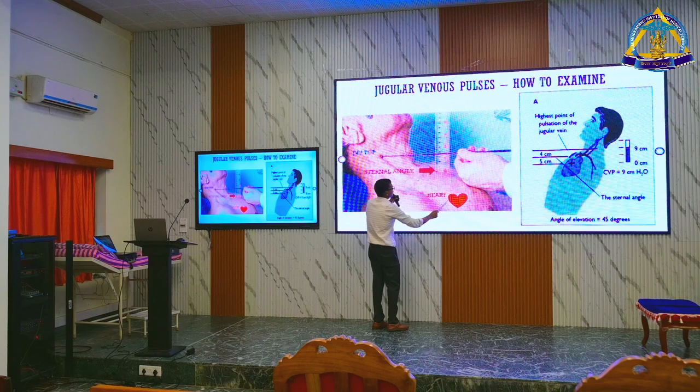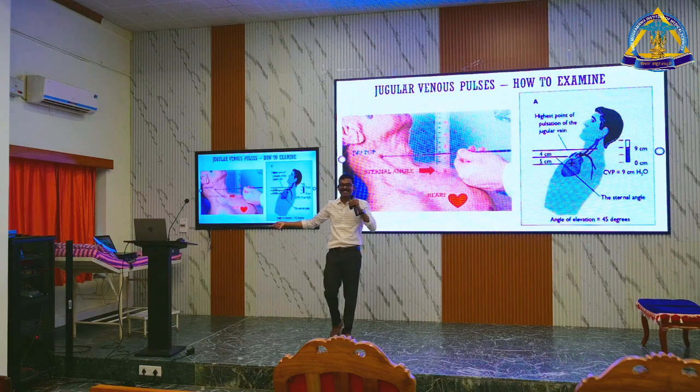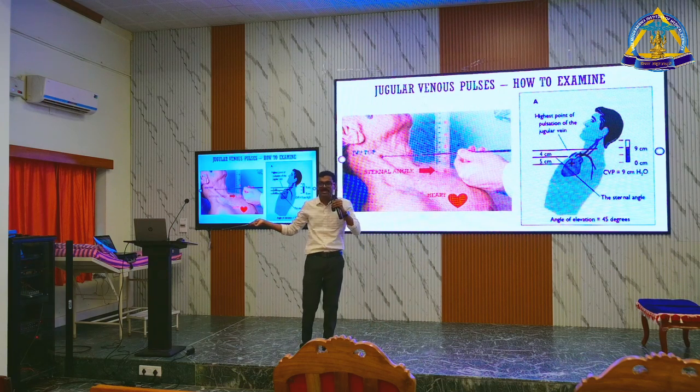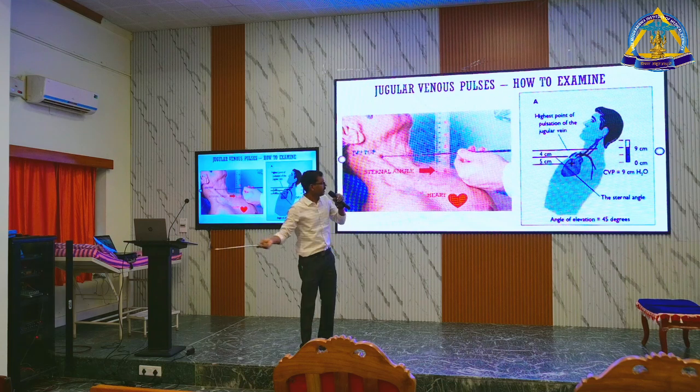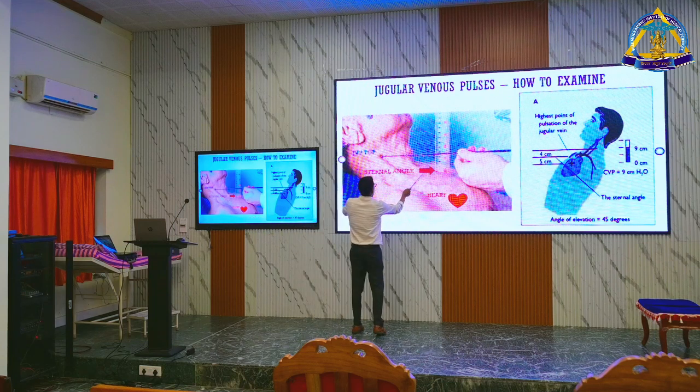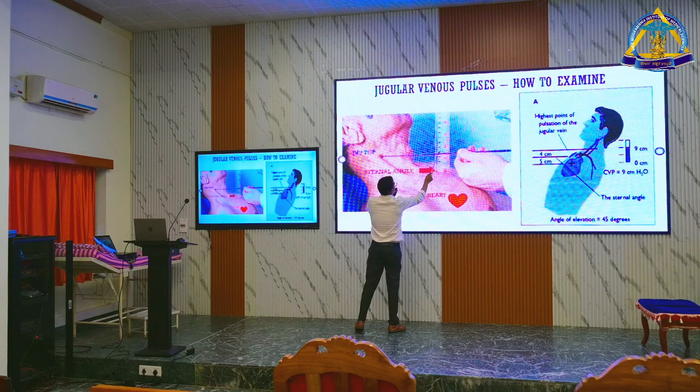So up to 5 centimeters, jugular venous pressure is normal, because normal JVP is 6 to 8 centimeters of water. But if it goes above the sternal angle, the suprasternal notch, it will be visible here. So suppose this guy has an elevated jugular venous pressure, and suppose this is around 4 centimeters. You place a scale vertical from the sternal angle, another scale horizontal from the top of the pulsating column.